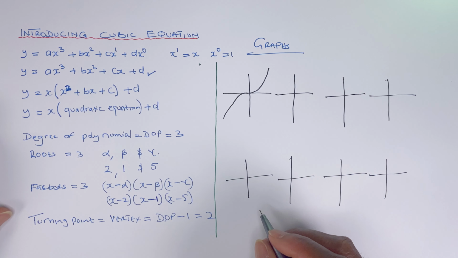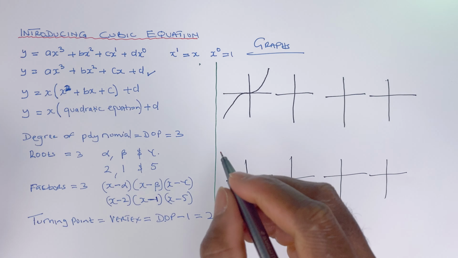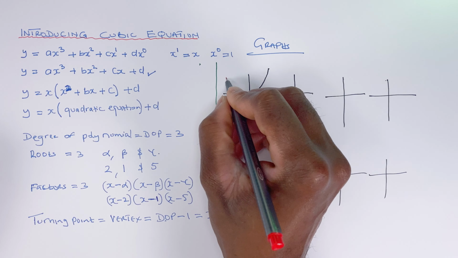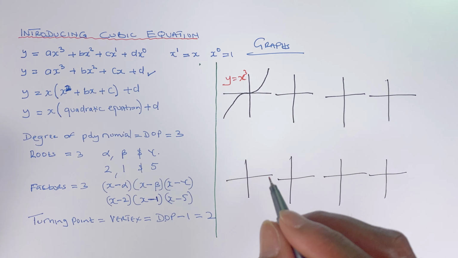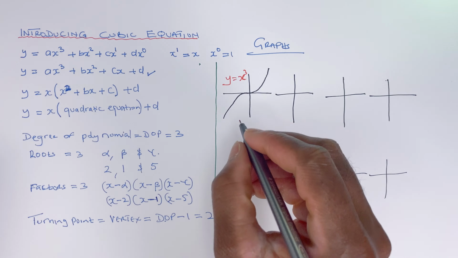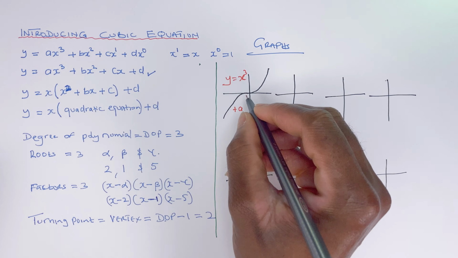Right, so that's the first cubic graph, where this graph is actually y equals x cubed. Just x cubed. A is positive, plus 1.